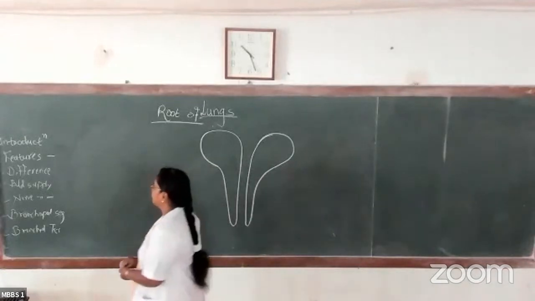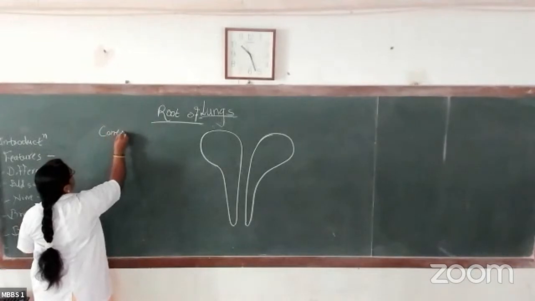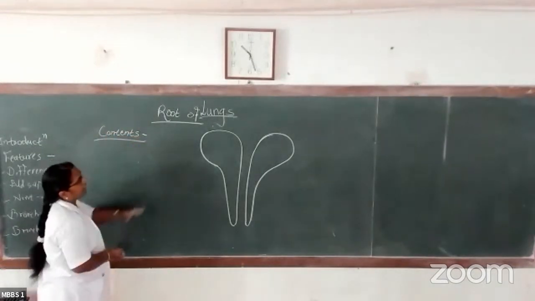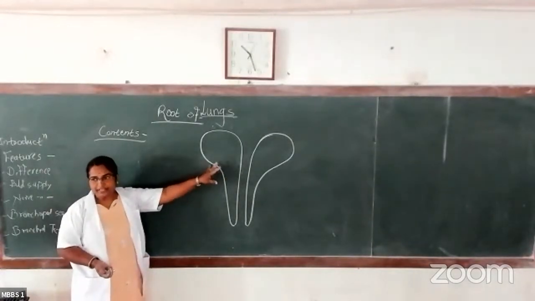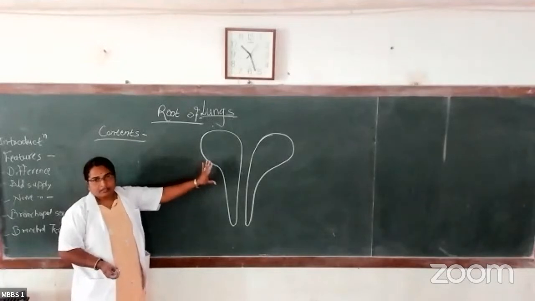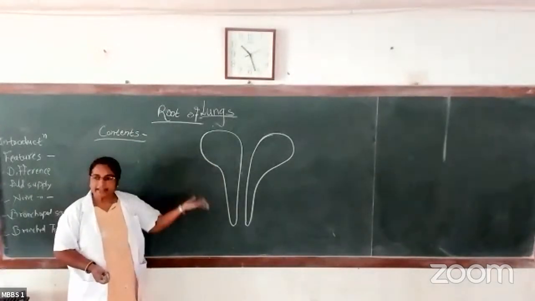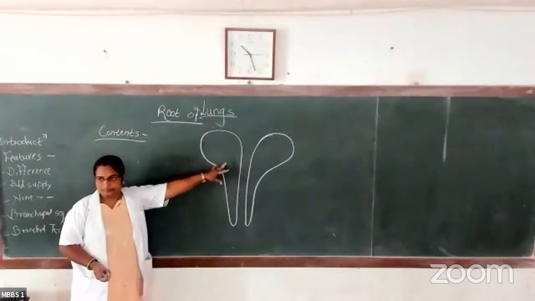Now first we see which are the contents of this root. As it is a short, broad pedicle which connects the medial surface to mediastinal surface, it consists of the structures which either enter or leave the lung at the hilum.